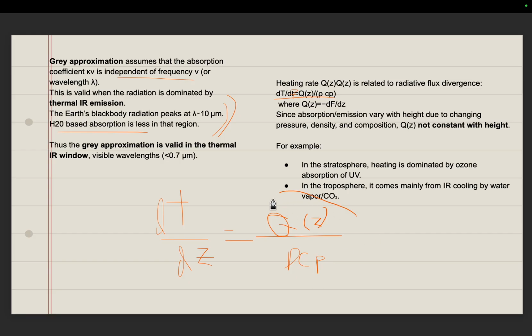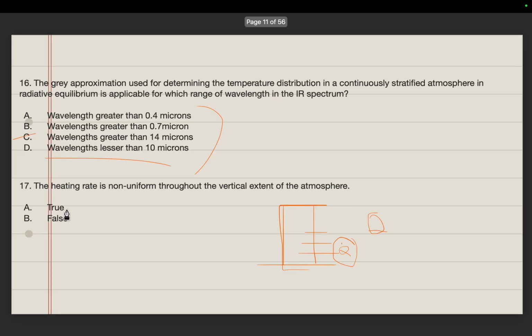And this Q(z) is also a function of how the longwave flux varies from the low to the high atmosphere. As absorption and emission vary with height due to changing pressure, density and composition, the heating rate is not constant with increasing z. So this statement is correct. This is a non-uniform heating rate from a column of atmosphere. This is true.